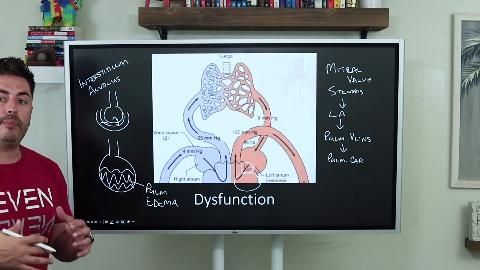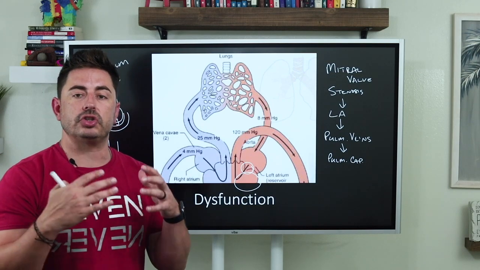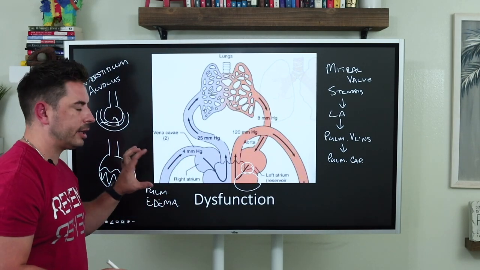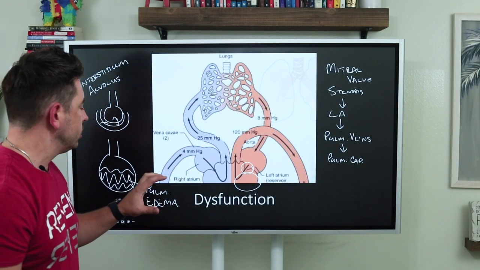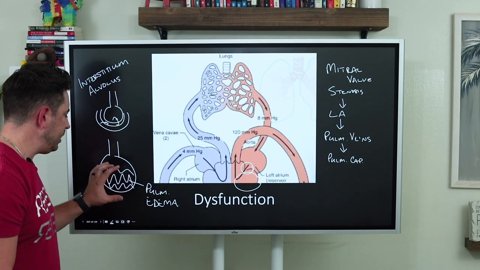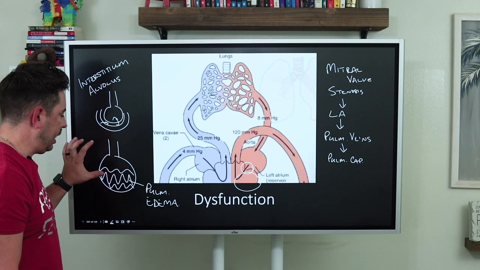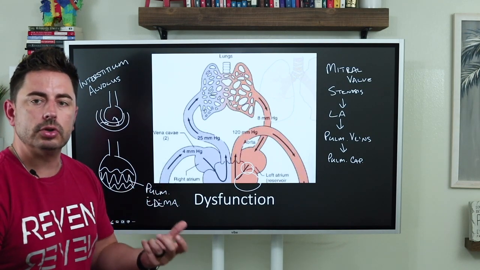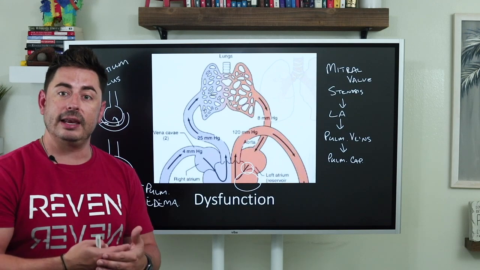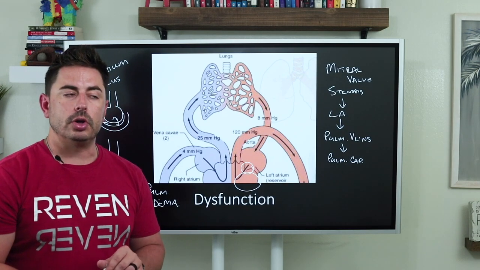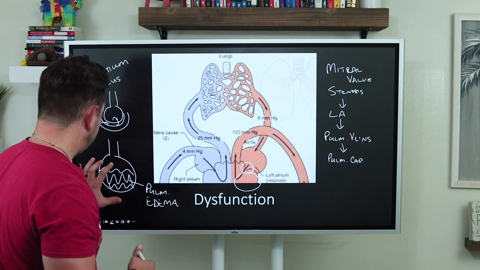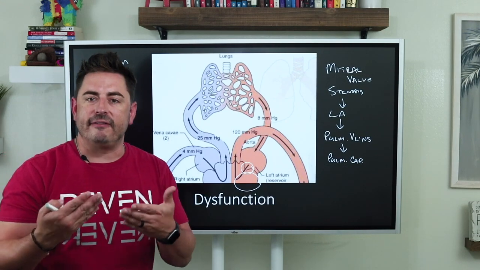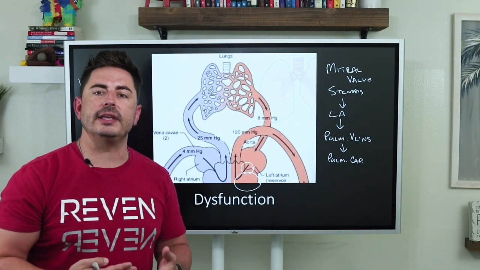Now, when we have pulmonary edema, it is a surplus of fluid that the pulmonary vasculature cannot deal with. So when we look at pulmonary edema, it is an excessive amount of fluid that moves into the interstitium and into the alveoli. So when we look at patients that have pulmonary edema, where might that fluid settle?